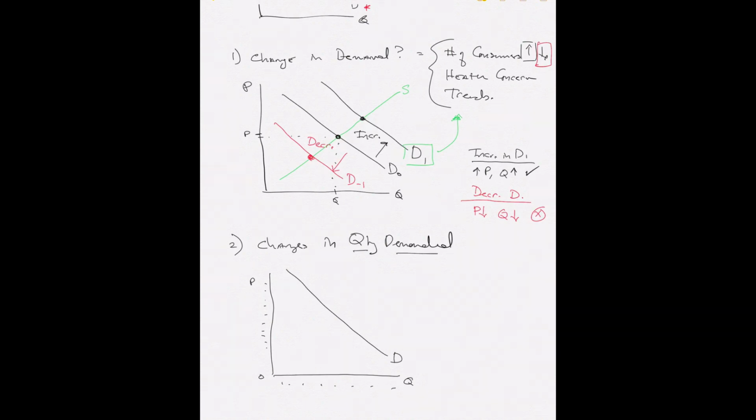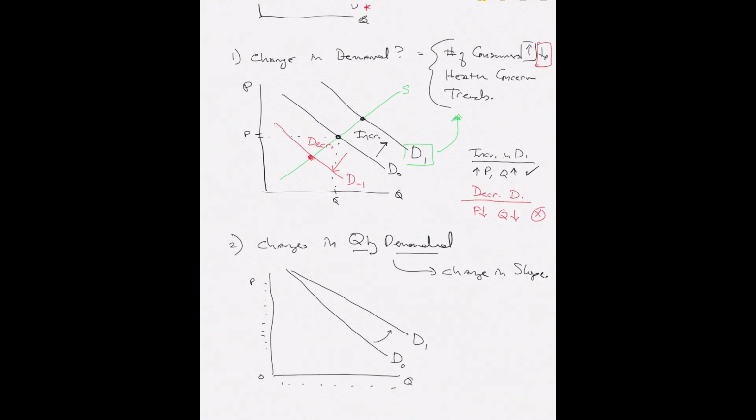It could be any of these prices all the way down to 0, or it could have any quantity all the way across here. Well, things might happen that really don't change the number of consumers. It really just changes market perspective. And so changes in quantity demanded are not a shift in the line, but they are a change in slope. And this is what happens more and more.